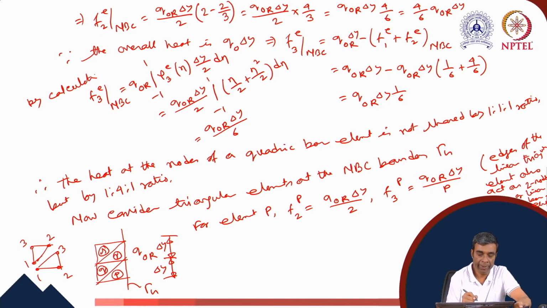Then the entire heat Q0R is taken by the second local node of element Q. So F2Q equals Q0R, because it has only one node at the boundary, and the entire heat added to that boundary is taken by this particular node. So there is no share of heat flux. Then let us consider the third element.